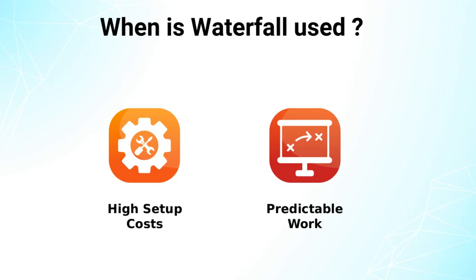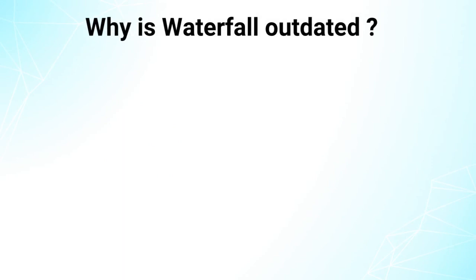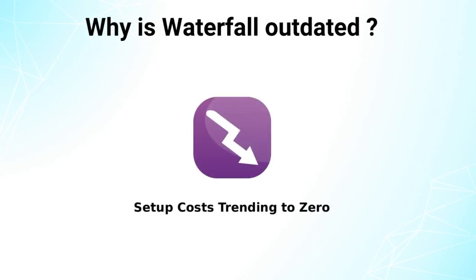And another question that you may have is, why is Waterfall outdated in many cases? Well, the setup costs of some phases are trending to zero, or at least no longer a major factor. This is true in terms of both time and expense, and means that the batch size can be reduced to much smaller numbers.